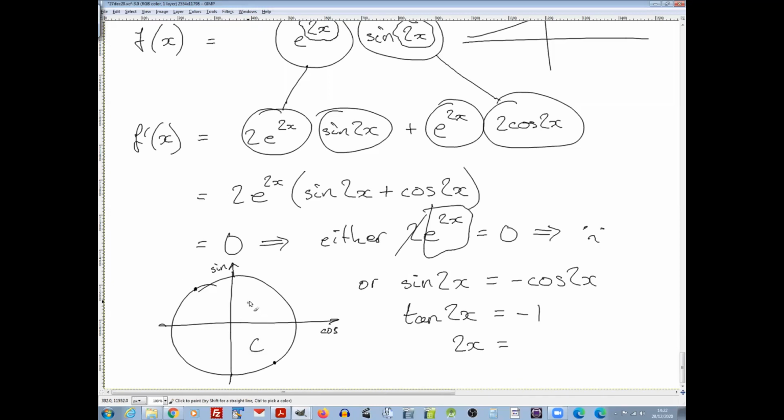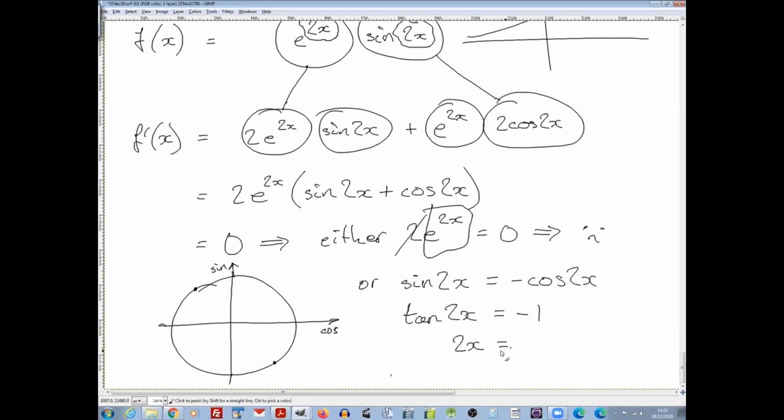And remember from CAST, it's just telling you where the things are positive. So here and here is where a tan comes out positive. So here and here is where a tan comes out negative.